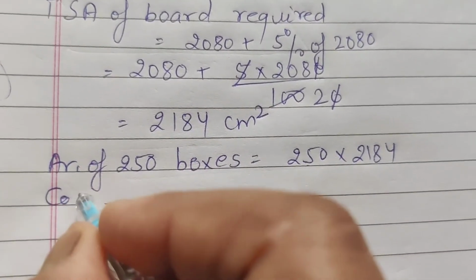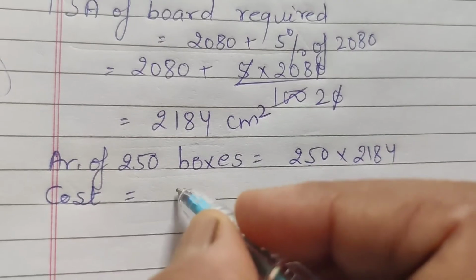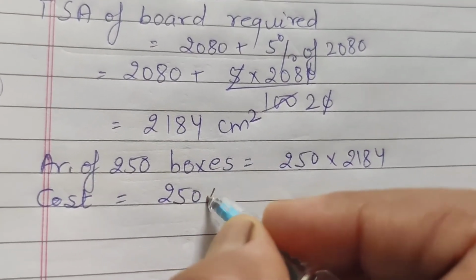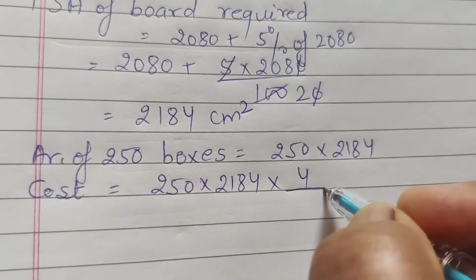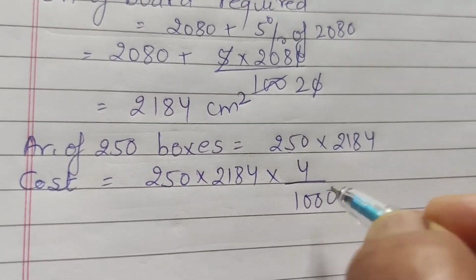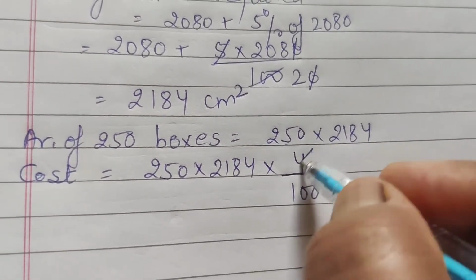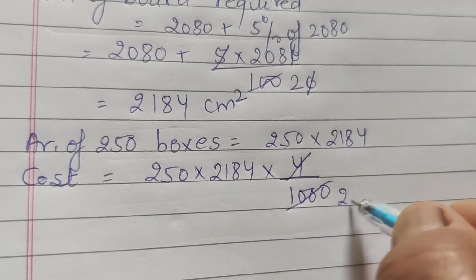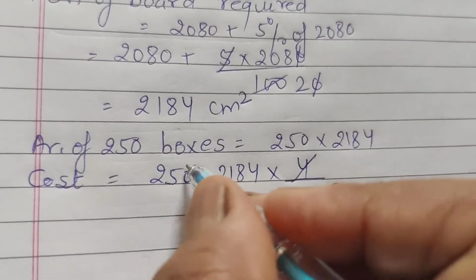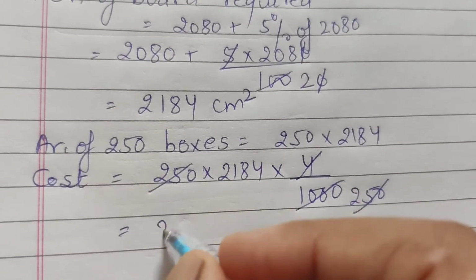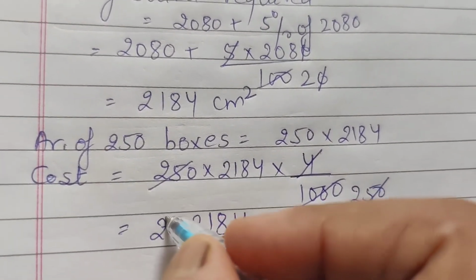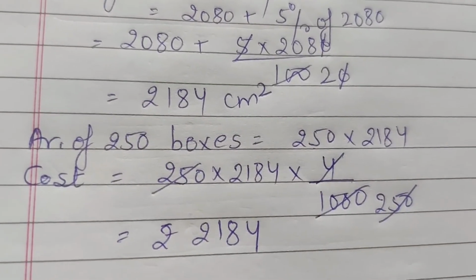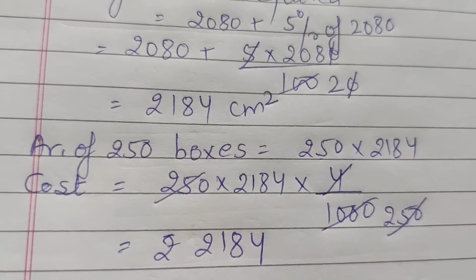Now cost of the boxes is, the area is 250 into 2184 and cost is rupees 4 per 1000. Now cancel 4 with 250 and 250 is 250, cancel. The answer is rupees 2184.